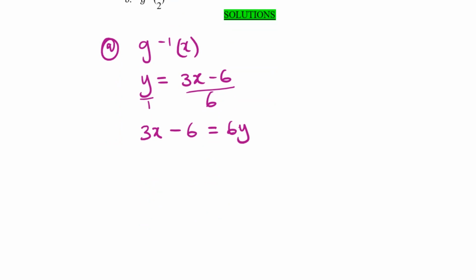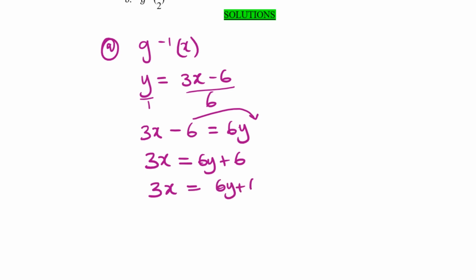From there, we are trying to make x the subject. So we take this negative 6 to the other side, so it will be equal to 6y plus 6. When it is negative on the left hand side, on the right hand side it will be positive 6. So we continue, we say 3x is equal to 6y plus 6. We are dividing by 3 here, equally there by 3, so 3 and 3 go. x will just be equal to 6y plus 6 over 3.